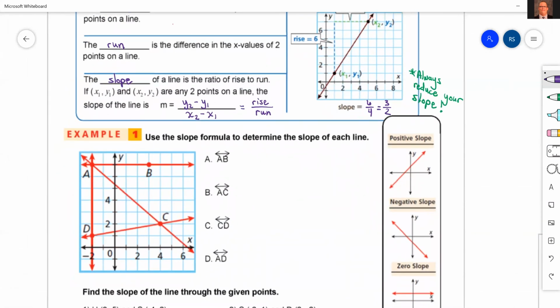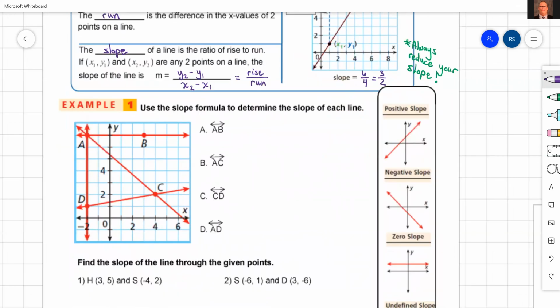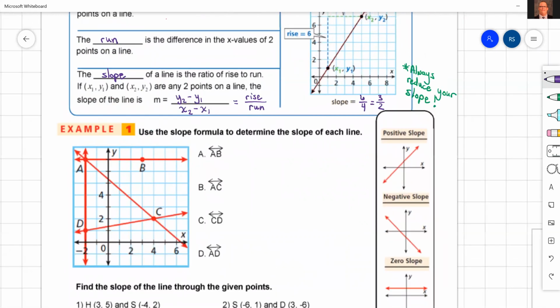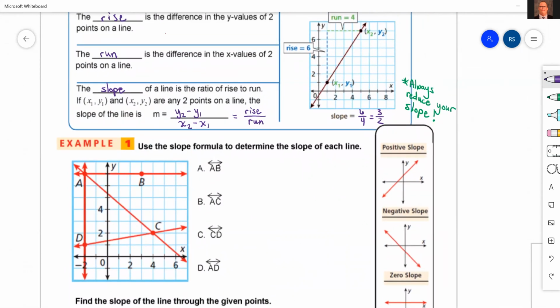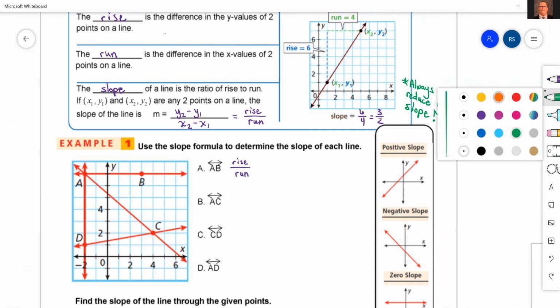We're going to count and do rise over run on the graph. We'll use the formula down below, but for now, let's do rise over run. So A asks us about AB. We're going to need to do rise over run.